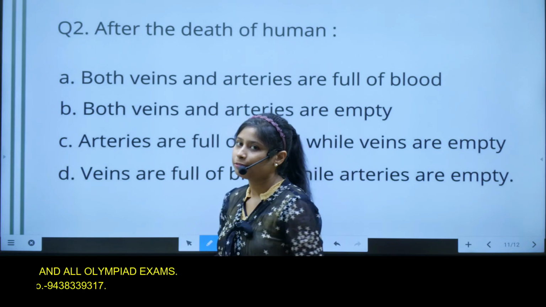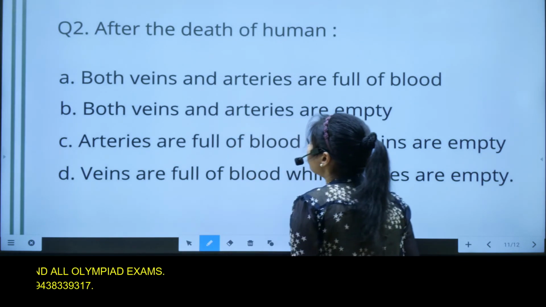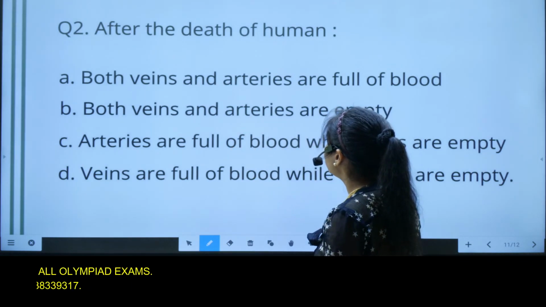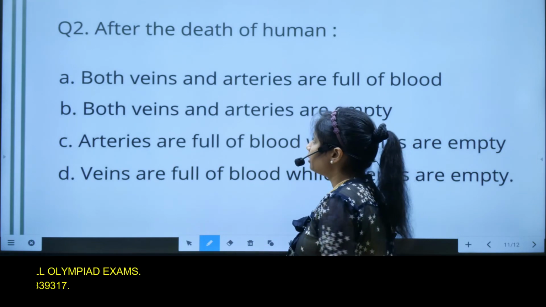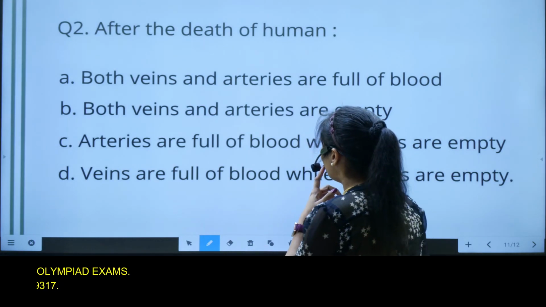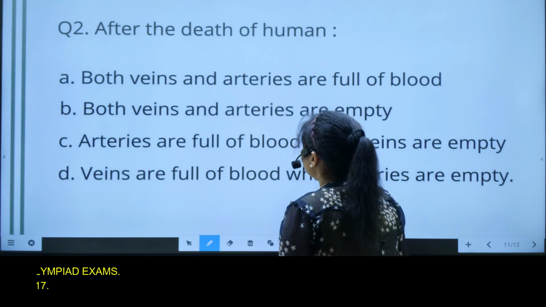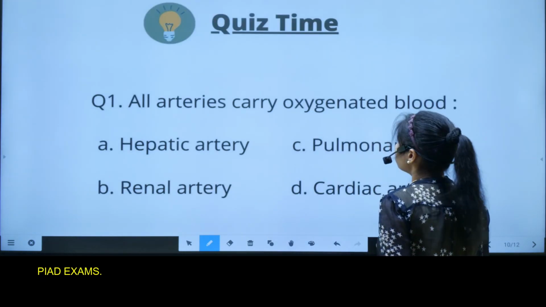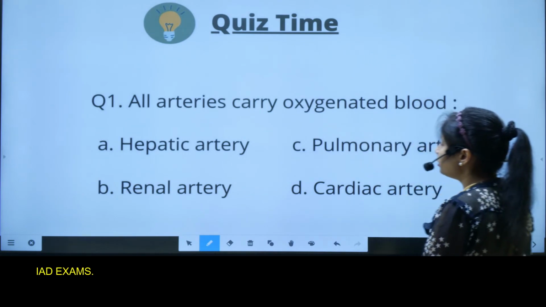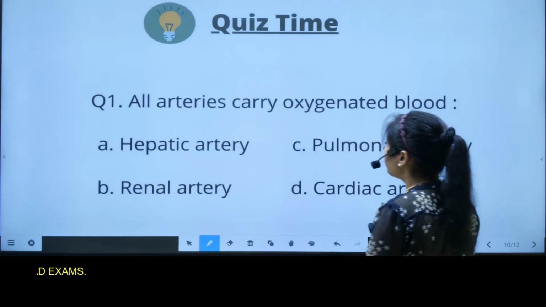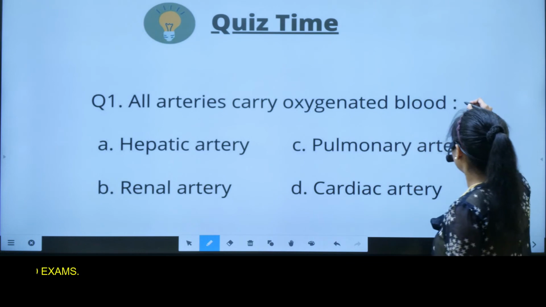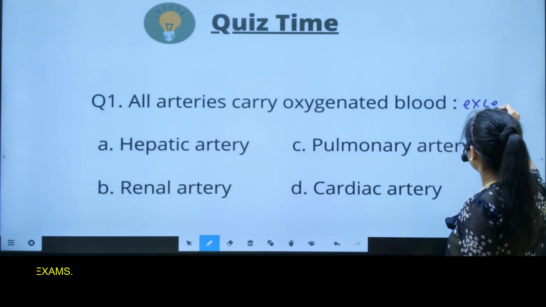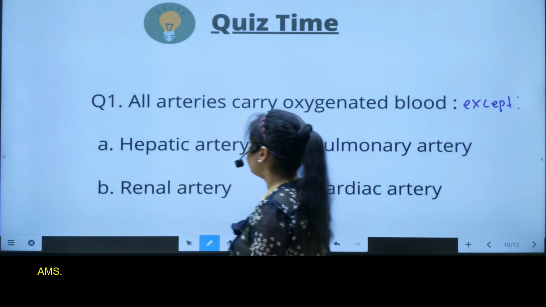So here are some questions about the double circulatory system. Let's see. The first question is, all arteries carry oxygenated blood except which one of the following?